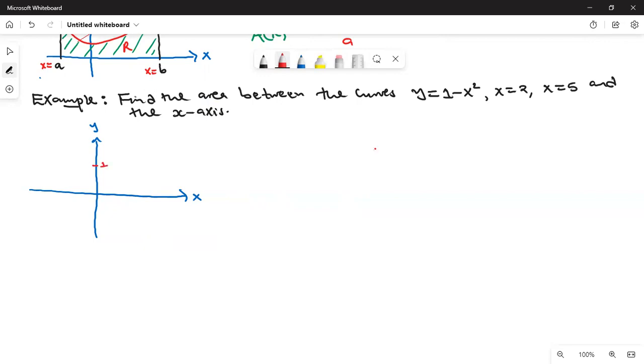It is plus or minus 1. So this is 1. This is negative 1. So our curve will be concave down because of this negative sign. So we'll have a curve like this one.